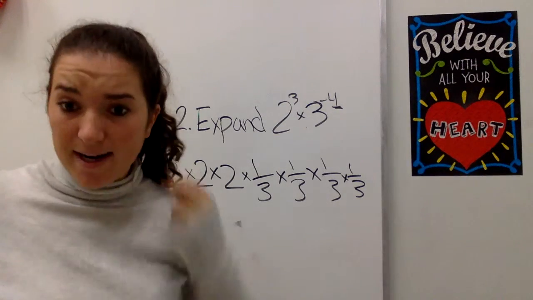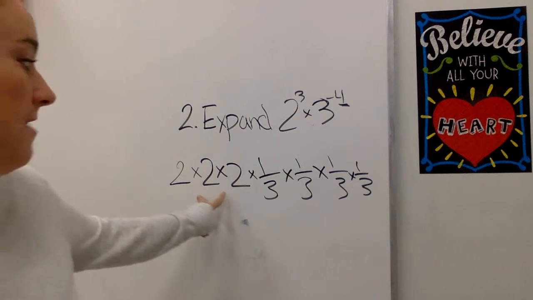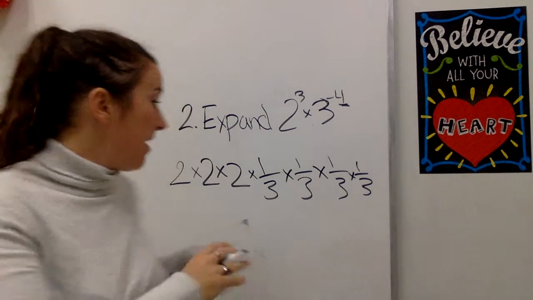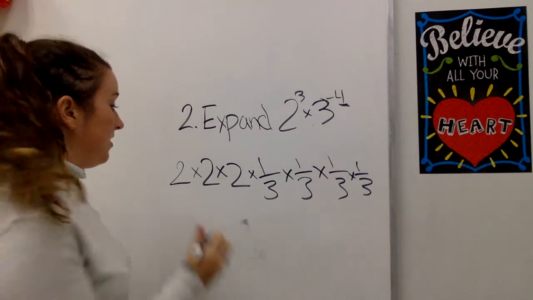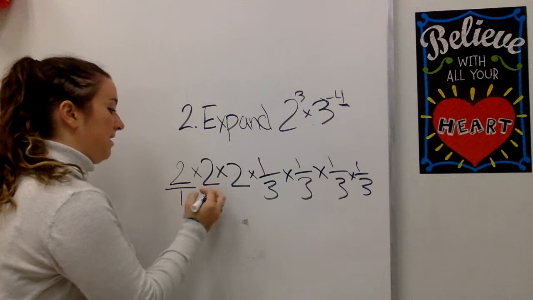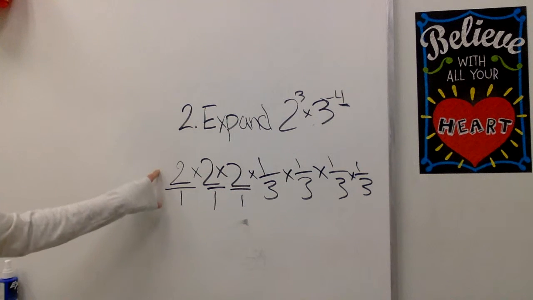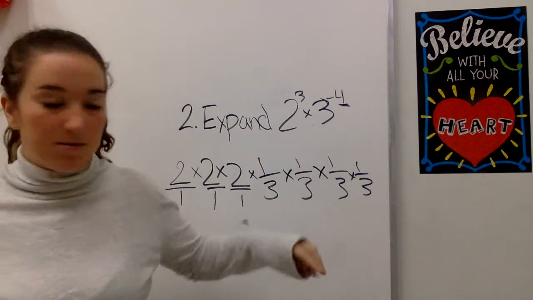Okay, a lot of you are getting this far in expanding and then don't know how to combine these together. I'm doing multiplication, so I can just combine all my numerators and all my denominators. So 2, we want to make it into a fraction, becomes 2/1. Now as my numerator, I have 2 times 2 times 2 times 1 times 1 times 1 times 1.